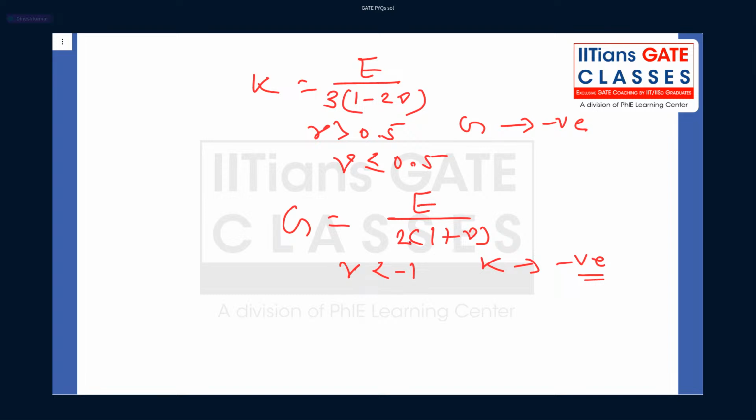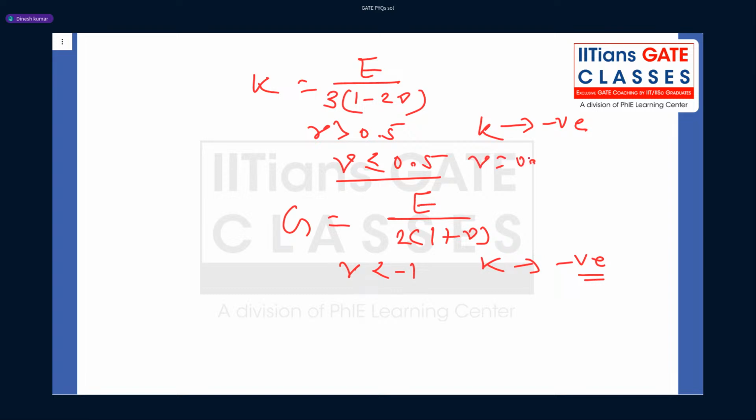Sorry, guys. Now, here, if your nu is greater than 0.5, your K will become negative, which is not possible. So, nu should be lesser than or equal to 0.5.